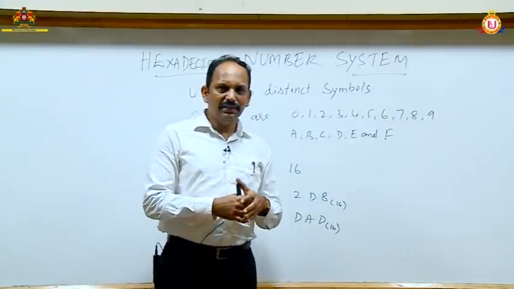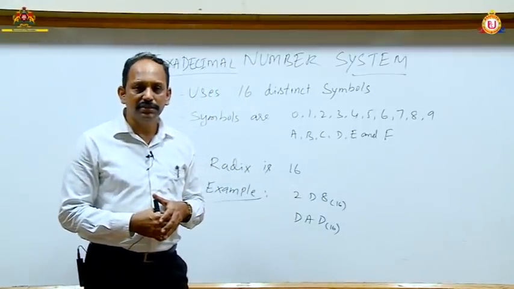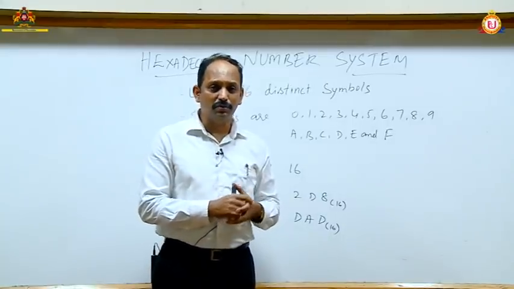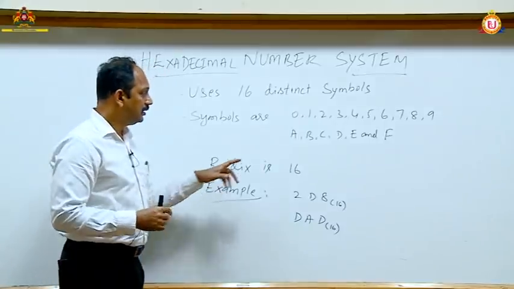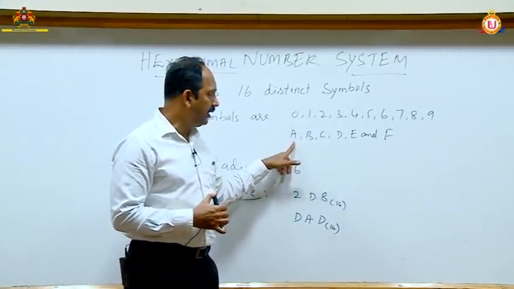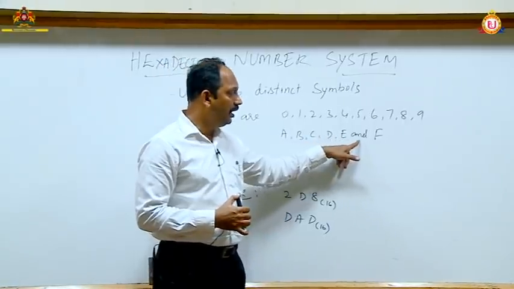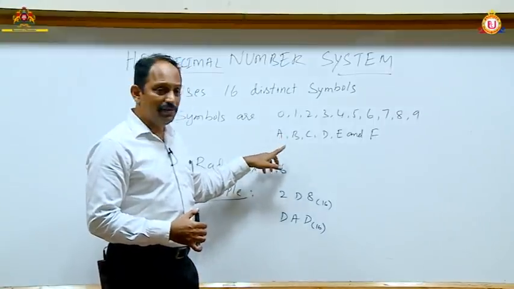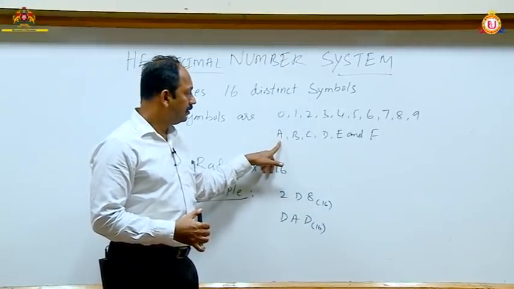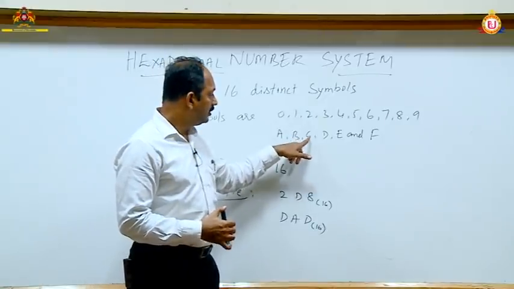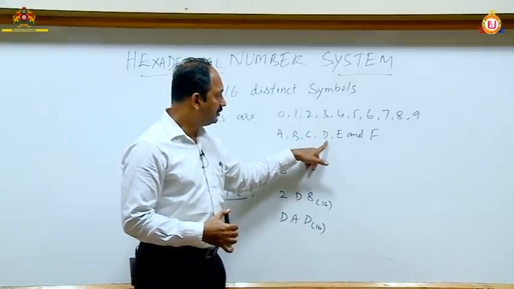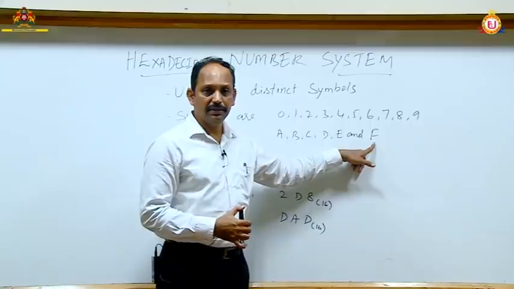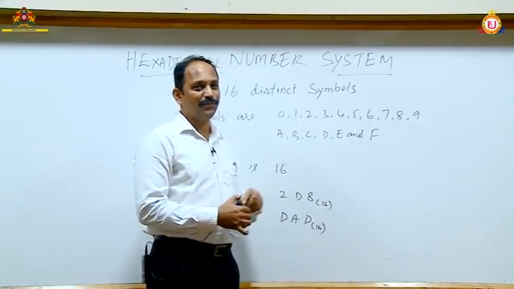Now, to represent the values 10, 11, 12, 13, 14 and 15, English alphabets are used. The 6 symbols are represented using the alphabets A, B, C, D, E and F. They represent the decimal values: 10 is A, 11 is B, 12 is C, 13 is D, 14 is E and 15 is represented using the alphabet F.